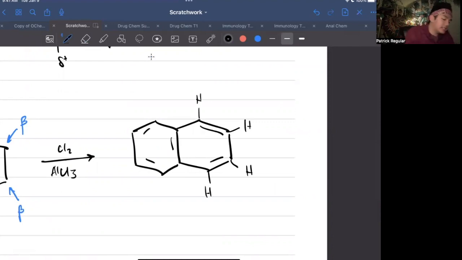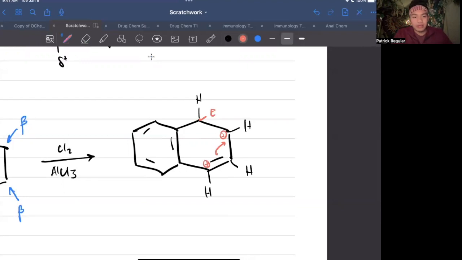Let's break this double bond. Now that we have an electrophile here and a positive charge there, we have a structure that looks like this. And this double bond can door hinge over and put the positive charge right here. All right, it's pretty stable.